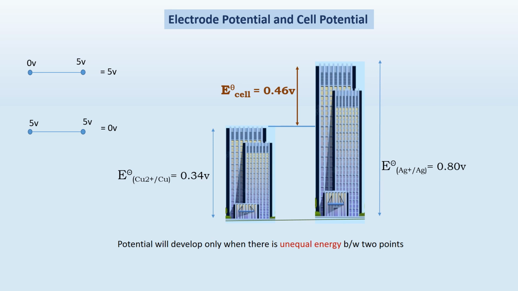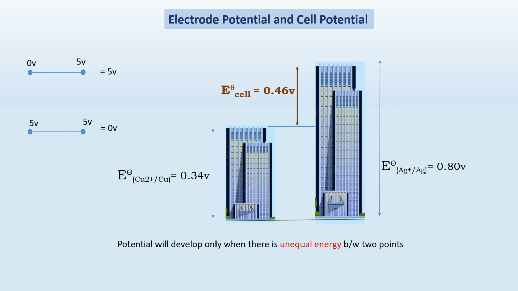Okay, that is why in another scenario I have shown two buildings. One building is a short building and another one is a tall building. The example I have taken is a copper electrode versus a silver electrode.